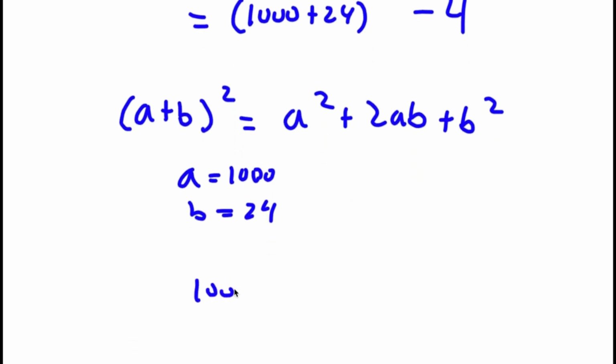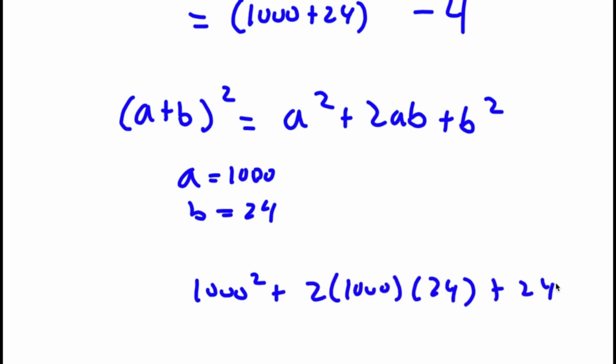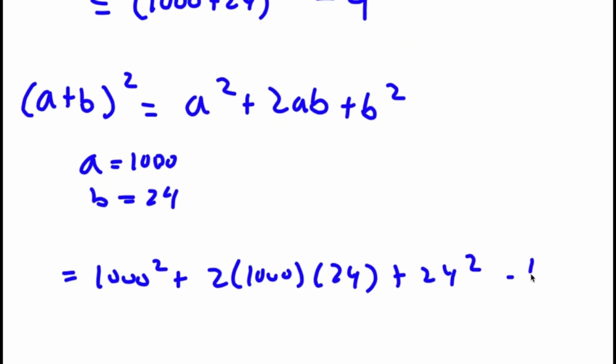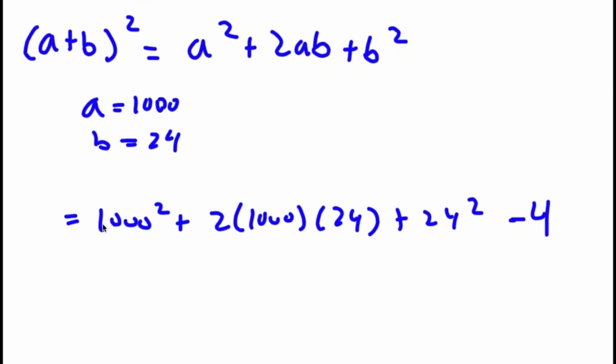So I have 1000 squared plus 2 times 1000 times 24 plus 24 squared. And then I have my minus 4 at the end. Now 1000 squared is equal to 1 million. 2 times 1000 is 2000. 2000 times 24 is going to be 48,000.